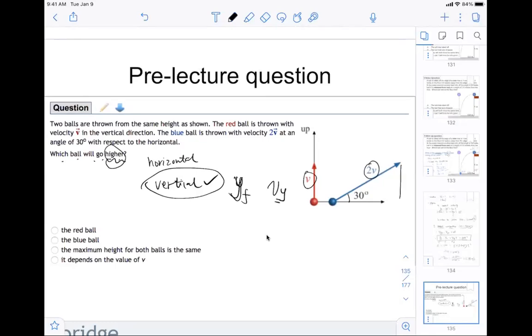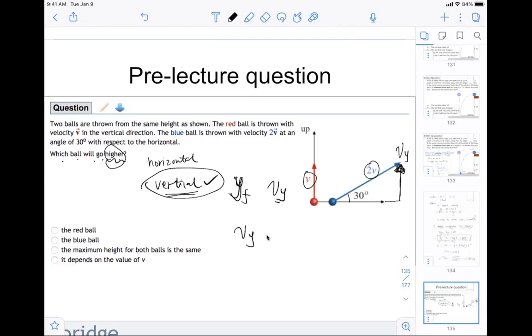And what about this one? This one is shot with VY, by how much? So this is 2V, but we don't want this 2V. We want the component that is directly in the vertical direction. That's the vertical that is relevant here.